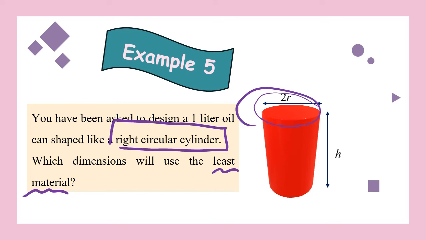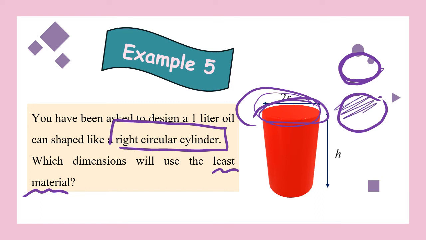Right circular means that we have a circle as the cross section of the cylinder. It's not an ellipse or anything, not an oblong or anything. It will be right circular. And then, to build this 1 liter oil can, it is going to be the surface area, right? It's not volume, but surface area, because we want to build it.